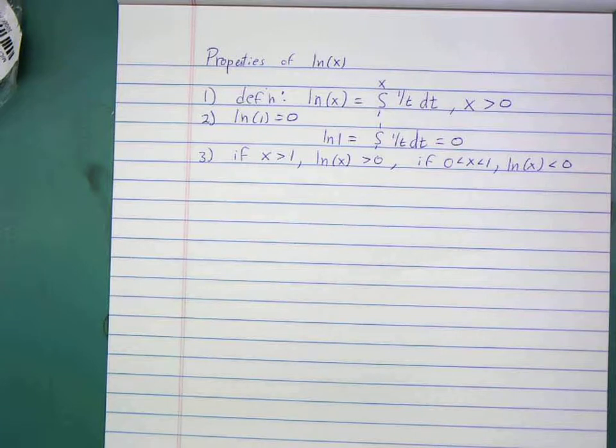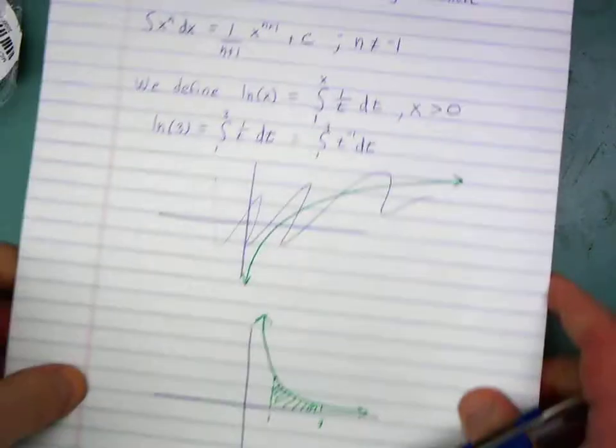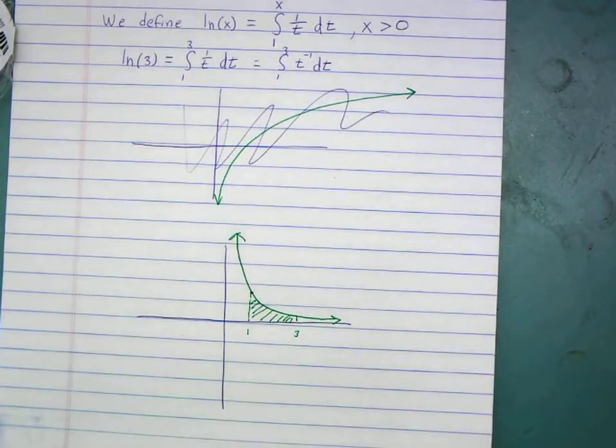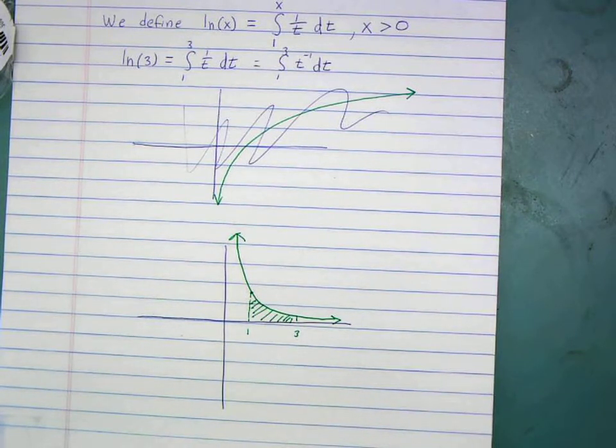Like a minute ago, we looked at ln of 3. How do I know ln of 3 is a positive number? Edward? 3 is to the right of 1, that's true. And what was ln 3 again? ln of 3 was that area. Isn't that area a positive number? Yeah, there's nothing really special about 3, is there?